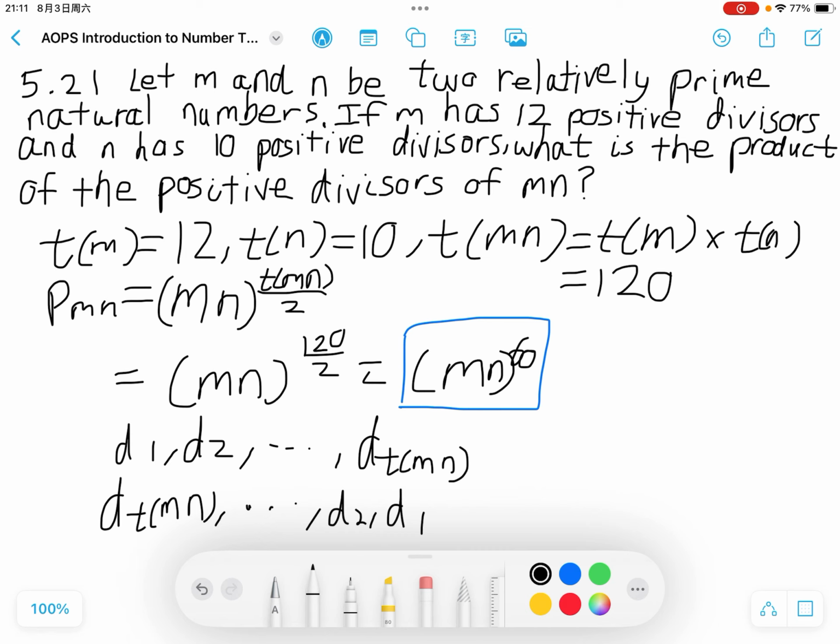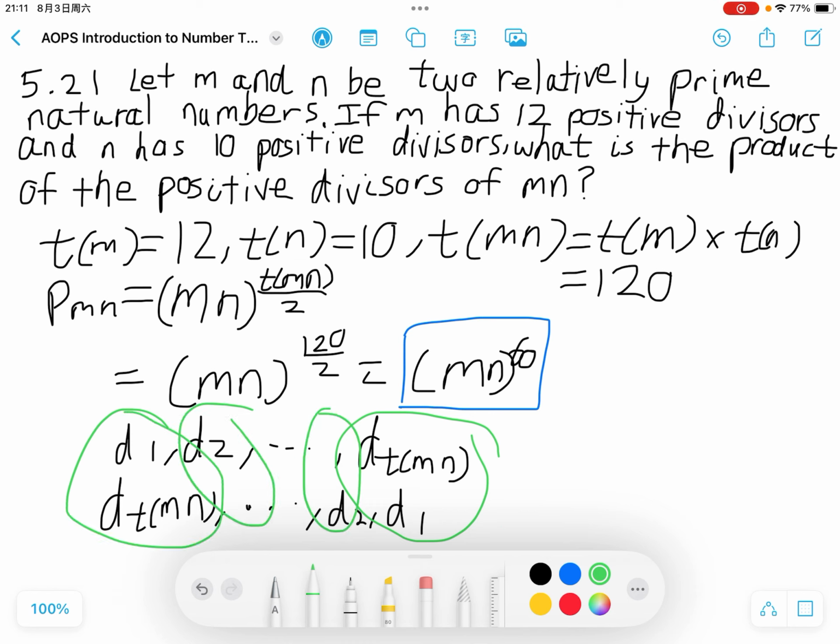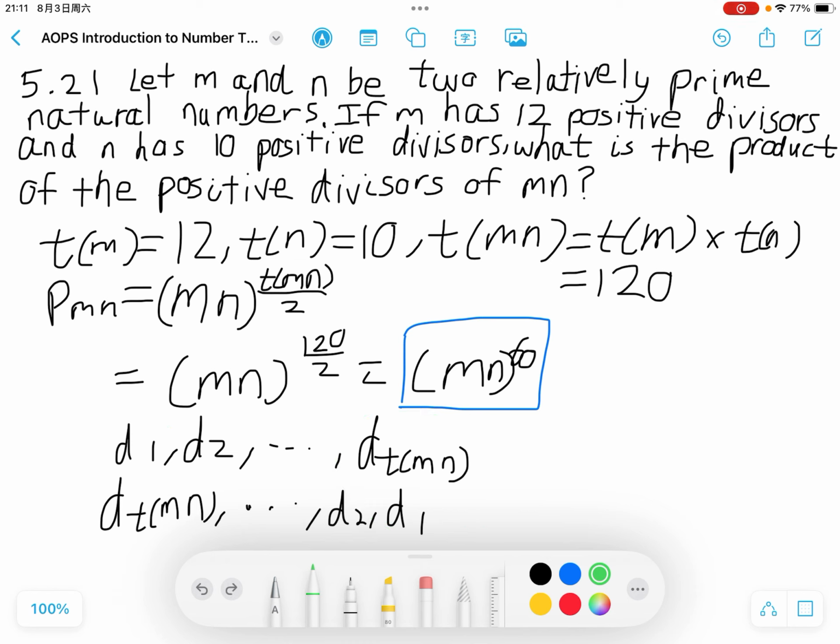If we pair every single term up, every pair has a product of mn, because d1 to d(T(mn)) is in least to greatest order, and d(T(mn)) to d1 is from largest to least order. The smallest and largest divisors are a pair. The second smallest and second largest divisors are a pair, etc.